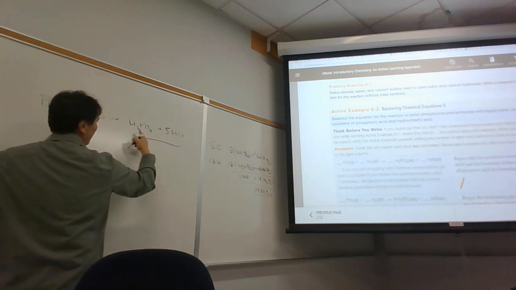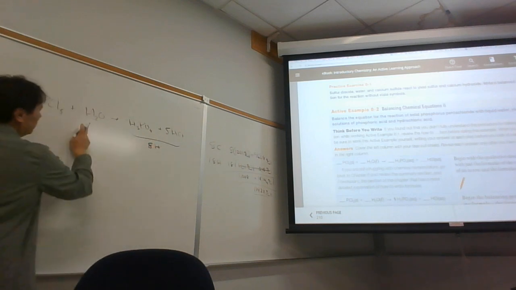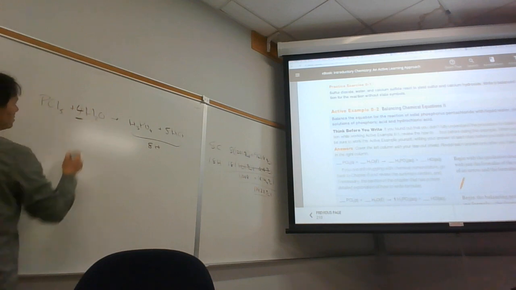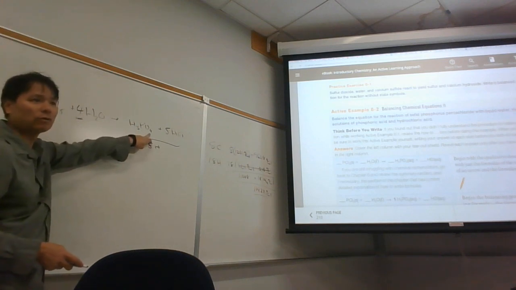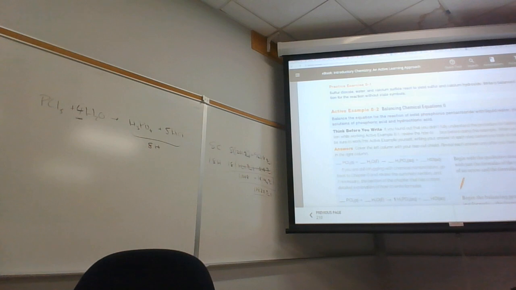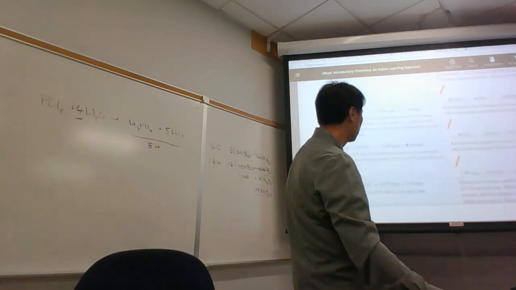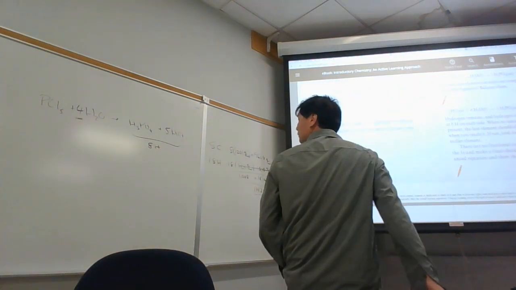How many hydrogens do we have here? 3 plus 5 is 8 hydrogens. Over here, I'm going to change H2O to 4, and let's hope everything balances. So if I change that to 4, I get 8 hydrogens, and then that gives me 4 oxygens, and I have 4 oxygens, and now it's balanced. So just got lucky. So 1, 4, 1, 5.